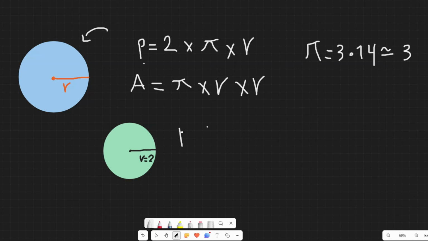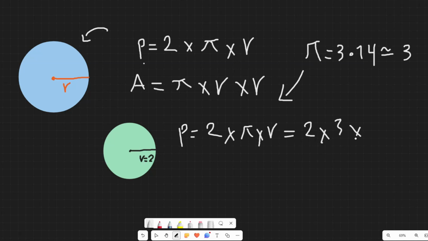So the perimeter again is 2 times pi times r. Let's say pi is almost equal to 3. So the perimeter is equal to 2 times 3, and r is 2. So 2 times 3 is 6, 6 times 2, 12.